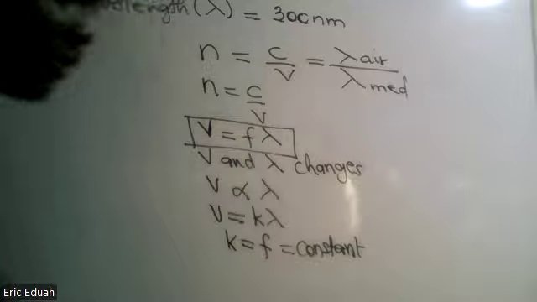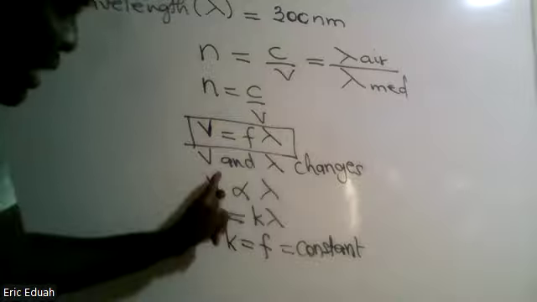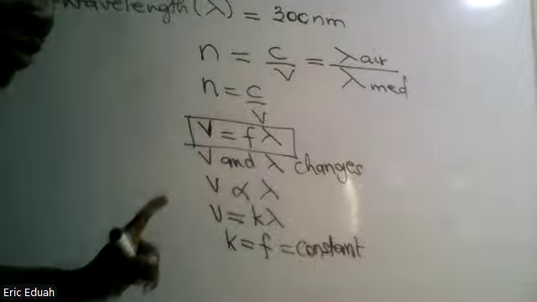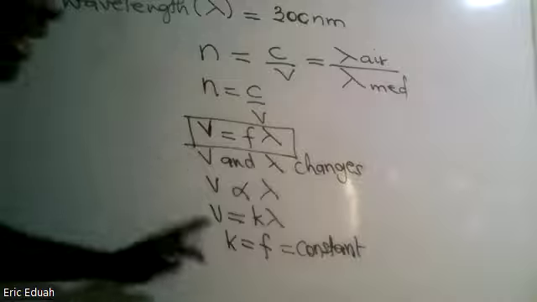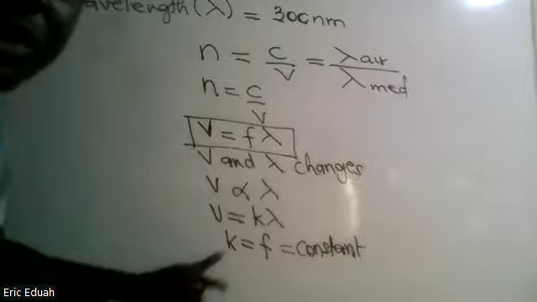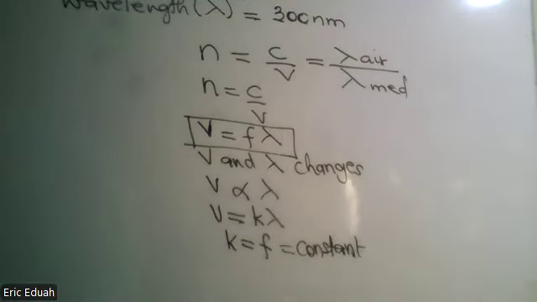So whenever light travels from one medium to another, its speed changes, and once it changes, wavelength would also change. But its frequency is always constant.